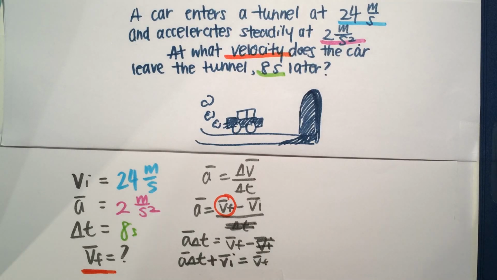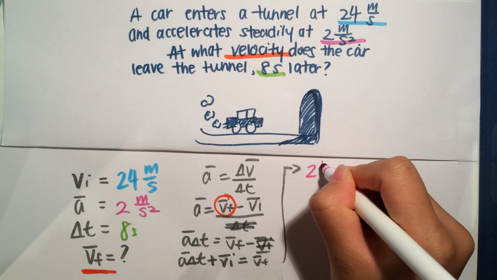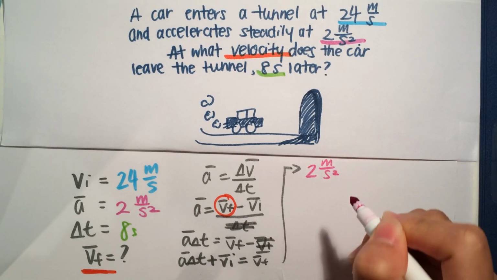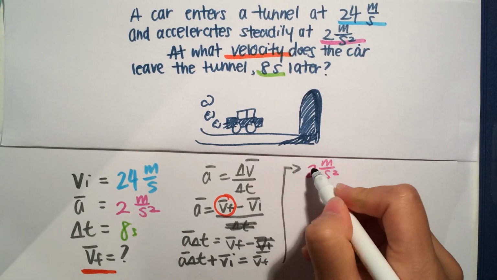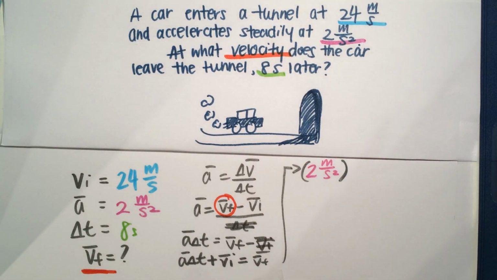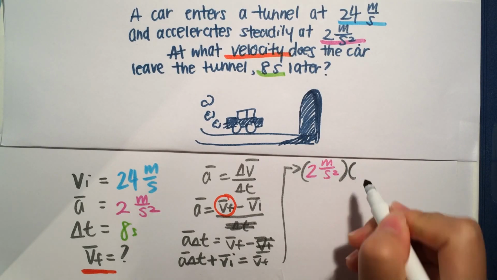And then we can find the final velocity. And this will become, and I'll color code this, we have acceleration at 2 meters per second squared. We always want to plug in the values by using brackets to prevent any errors.